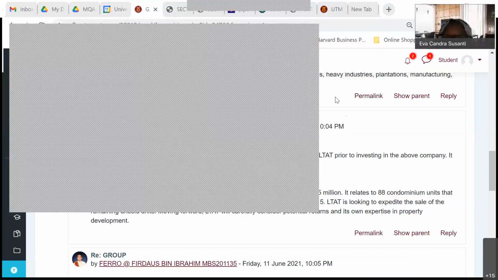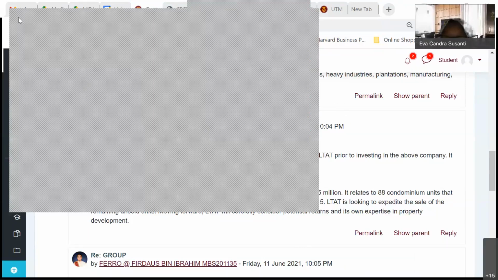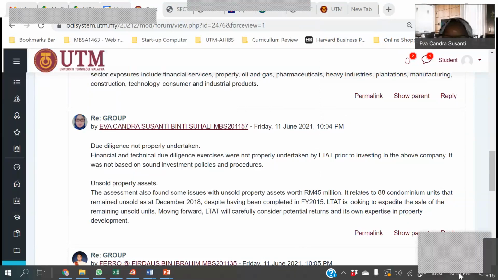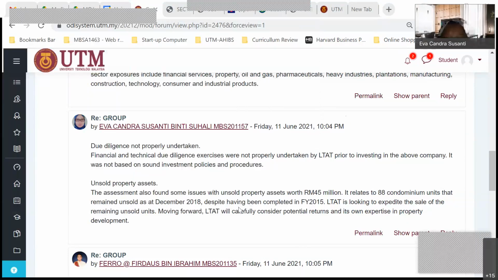It was not based on sound investment policy and procedure. There is also an issue where there is an unsold property asset worth about RM 45 million, related to condominiums which were unsold as of December 2018, even though they were completed in 2015. This was the issue on the LTAT part. There is another issue that will be discussed by my colleague Christine.